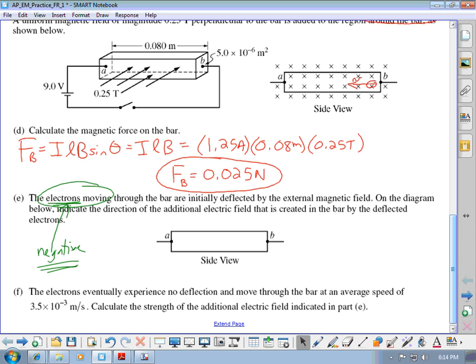So that means that the force on a positive charge would be downward. But we have a negative charge. So the force on a negative charge has to be in the opposite direction. So this negative charge is going to get pushed up to the top. So I'm going to get negative charges that build up at the top.